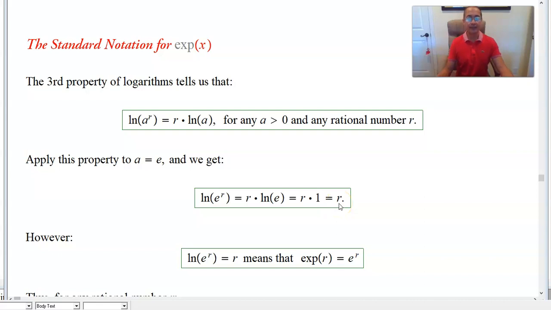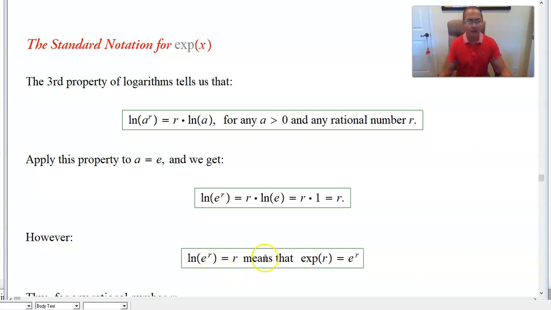Now let's think about the cancellation properties. If ln of e to the r is r, this means exactly the same thing as the exponential of r must be e to the r. ln of a equals b means that the exponential of b must be a.